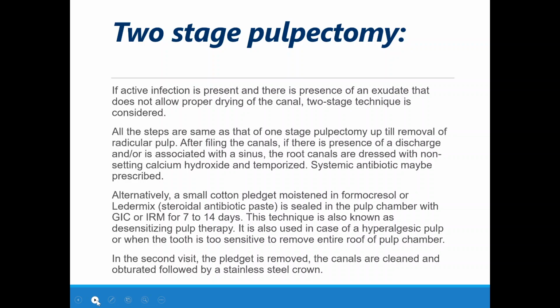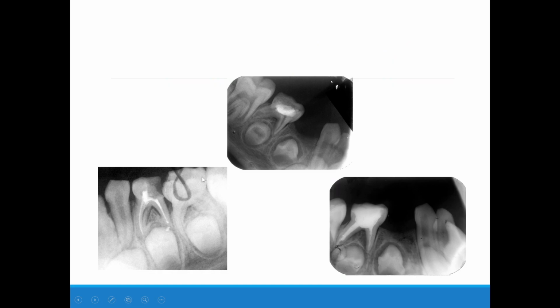You can see some X-rays of this procedure. Here you can see pulpotomy, and you see that the medicaments are lying on the orifices, and you can see internal resorption. Of course, it is a complication of the treatment. Here you can see the complication of excess filling material.